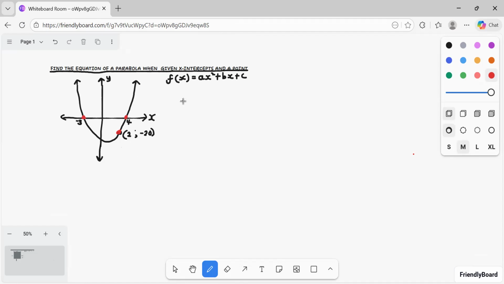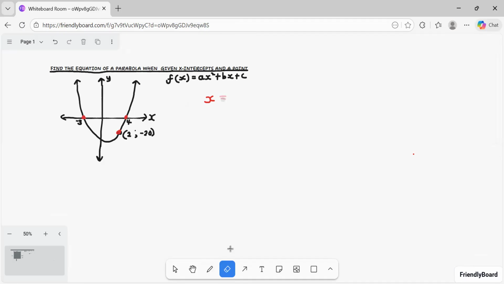All right, so what do we do? There is an x-intercept form that I'm going to introduce you to, which you should always apply whenever you are asked to find the equation of a parabola when you are given x-intercepts and a point.